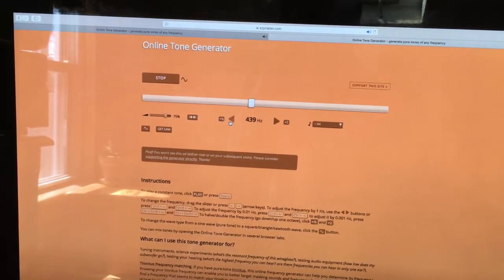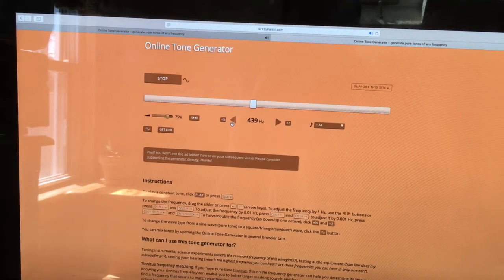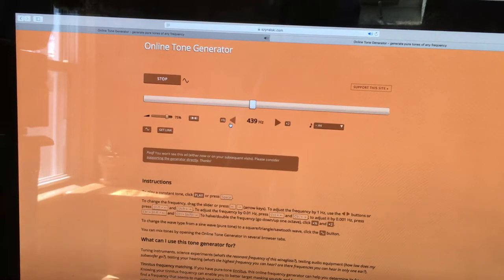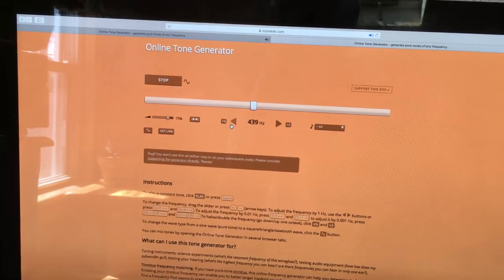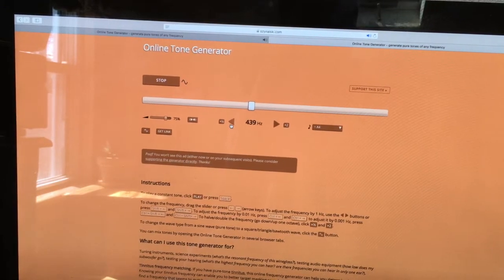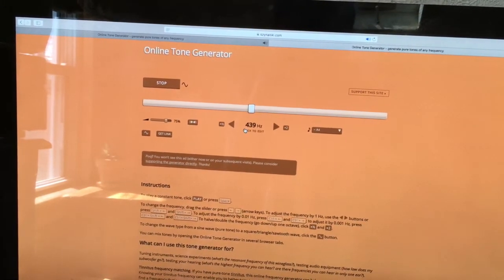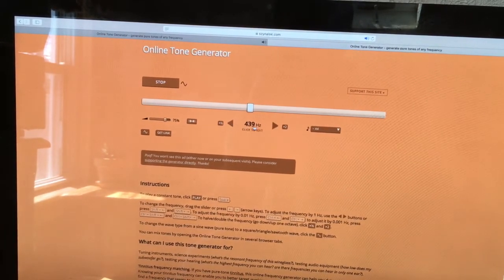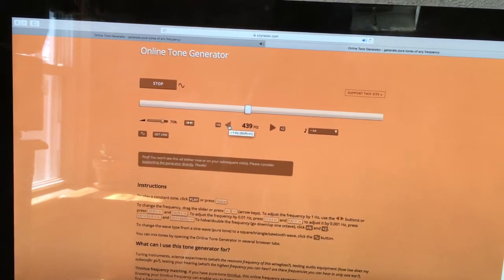And in fact, the louds are 1 second apart. Loud, loud, loud, 1, 2, 3, 4. So they're 1 second apart, right? 1 beat per second. And wouldn't you know, 440 minus 439 is 1 hertz. So if I kick this down to 438, we should experience 2 beats per second.